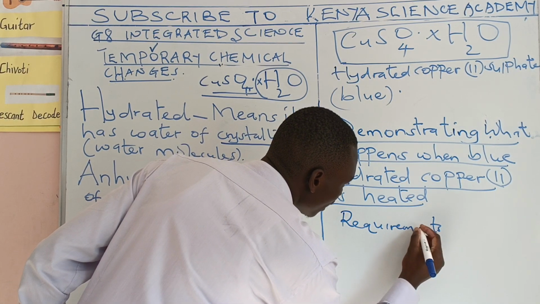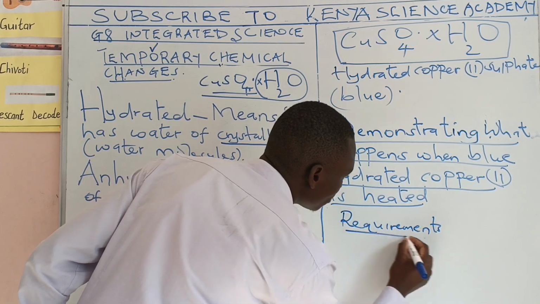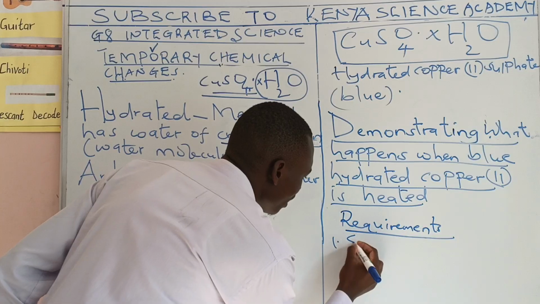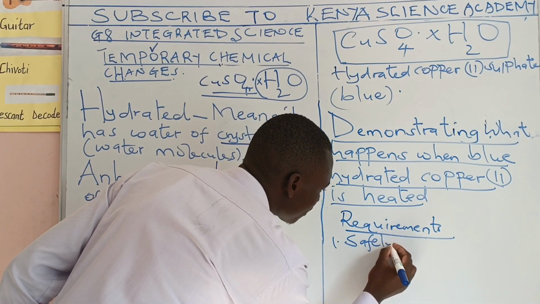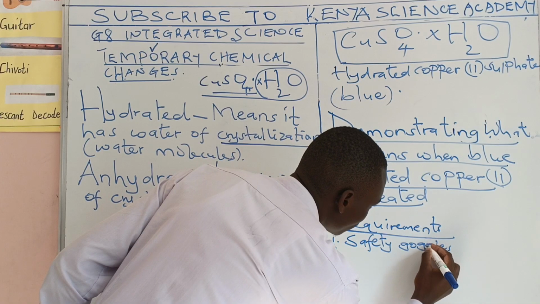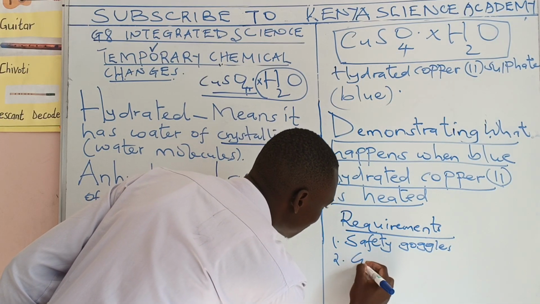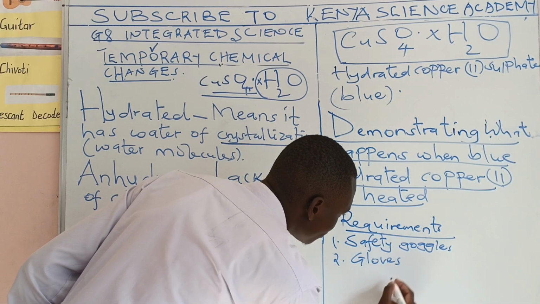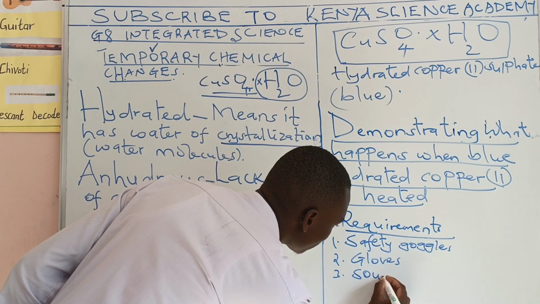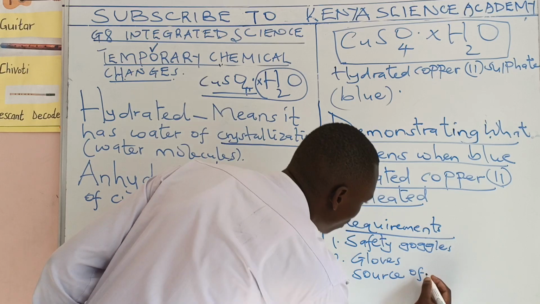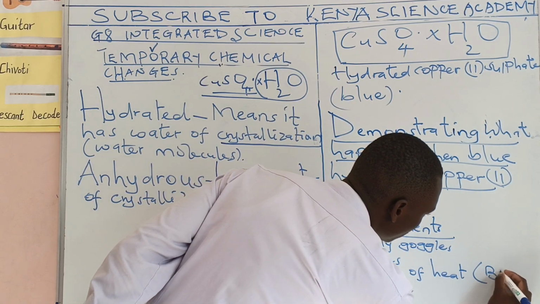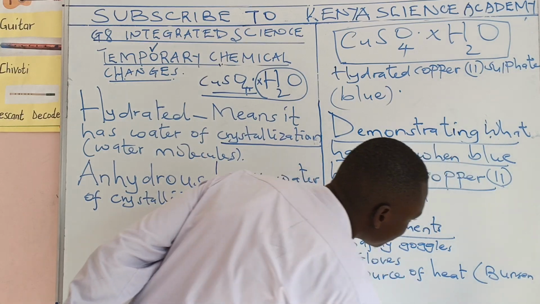So, let us move to requirements. Number one requirement, you must have safety goggles. You must have gloves. Number three, you must have a source of heat, because we are heating. In this case, I'm going to use a Bunsen burner.